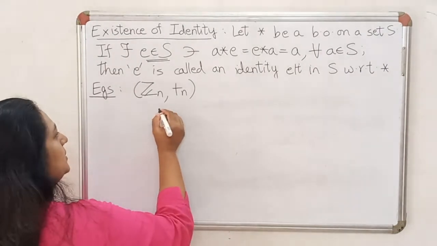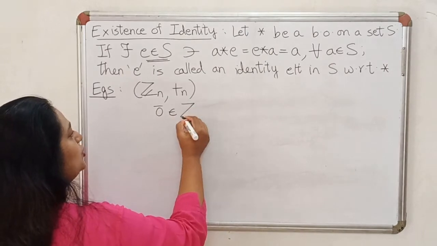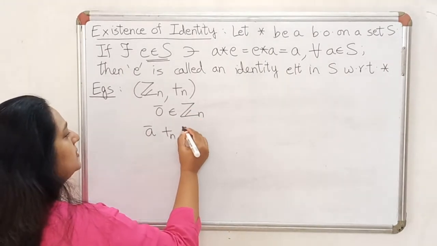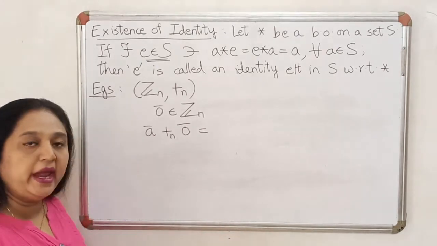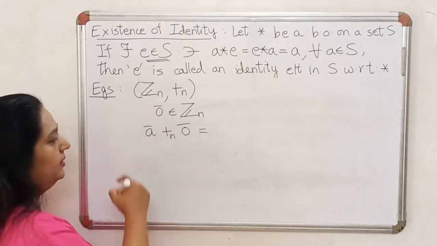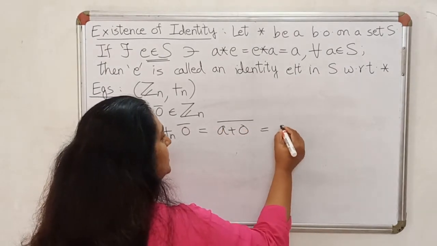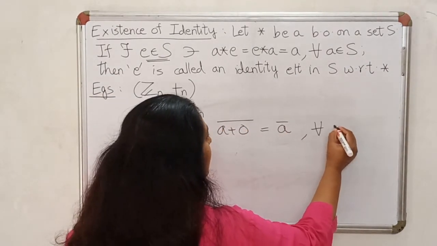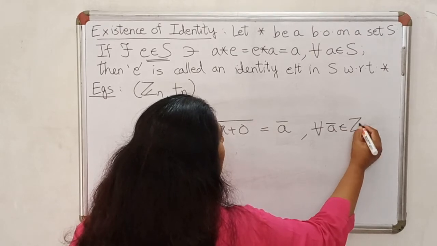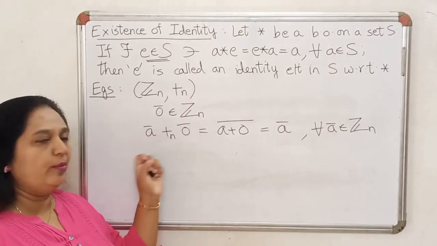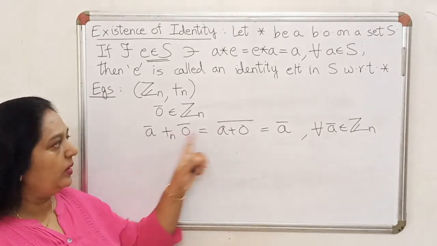Look at the element 0 bar. 0 bar is surely in Zn, and if you add 0 bar to any other element of Zn, then we will get, by definition, a bar plus 0 bar, which is the same as a bar. This works for all of Zn, and I can also prove that 0 bar plus a bar will give me a bar.